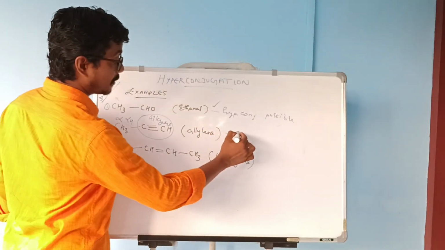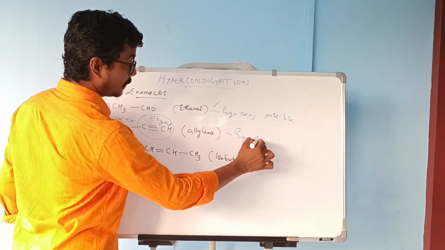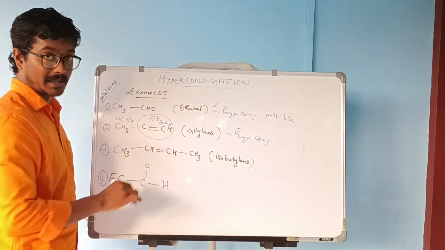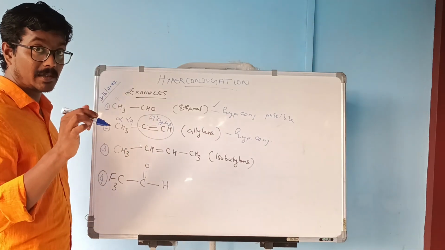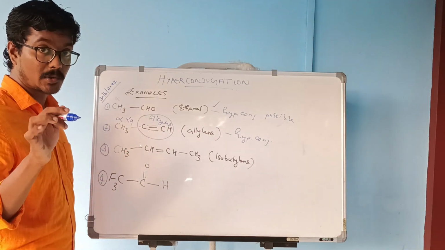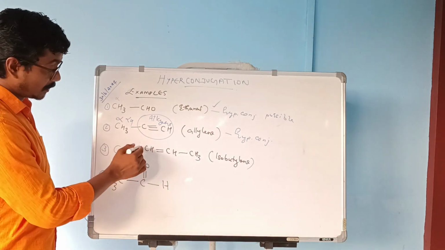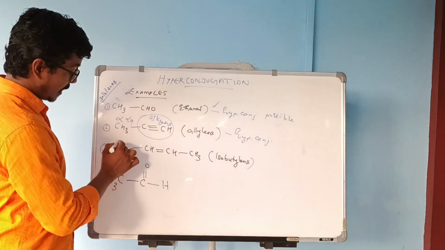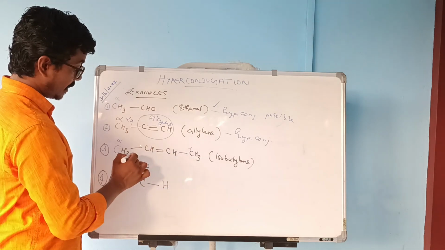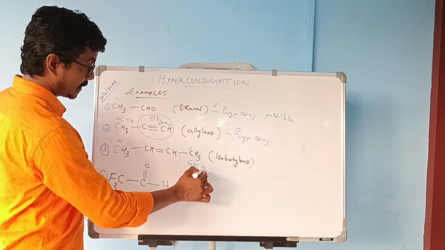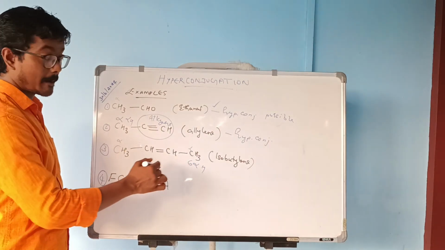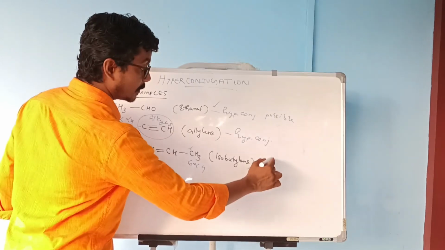So hyperconjugation is possible here. The question is in which case hyperconjugation is not possible. Here also, alpha carbons and 6 alpha hydrogens are there. In isobutylene, hyperconjugation is possible.